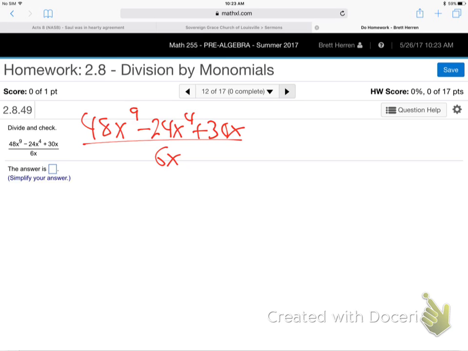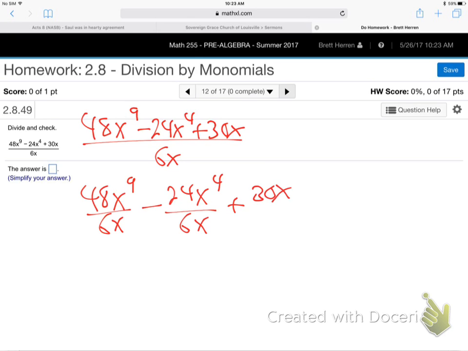Three separate fractions. Like that. Okay, then divide the numbers, subtract the powers.